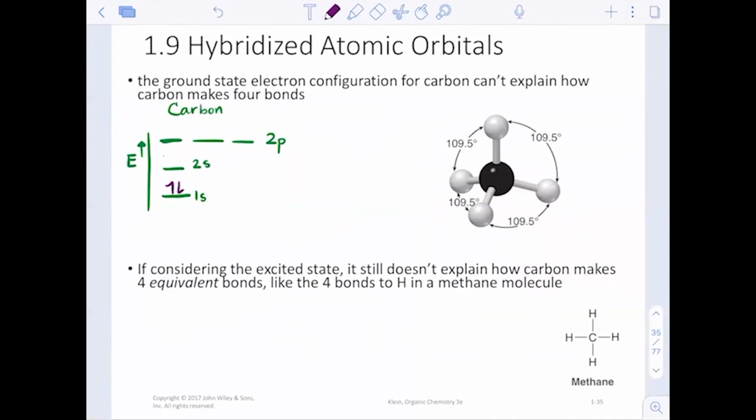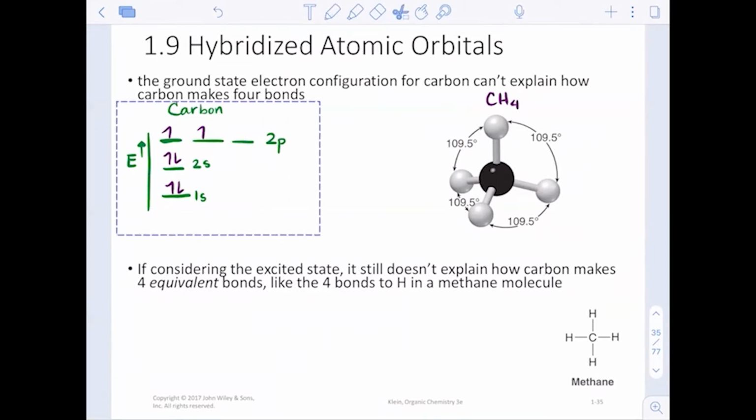Carbon has 6 electrons total, and this would be its atomic orbital diagram, or we can even think about its electron configuration. This doesn't explain why carbon would bond with 4 equal-length carbon-to-hydrogen bonds in methane, CH4. Why does it form the 109.5 degree angle? Why does it form the tetrahedral shape?